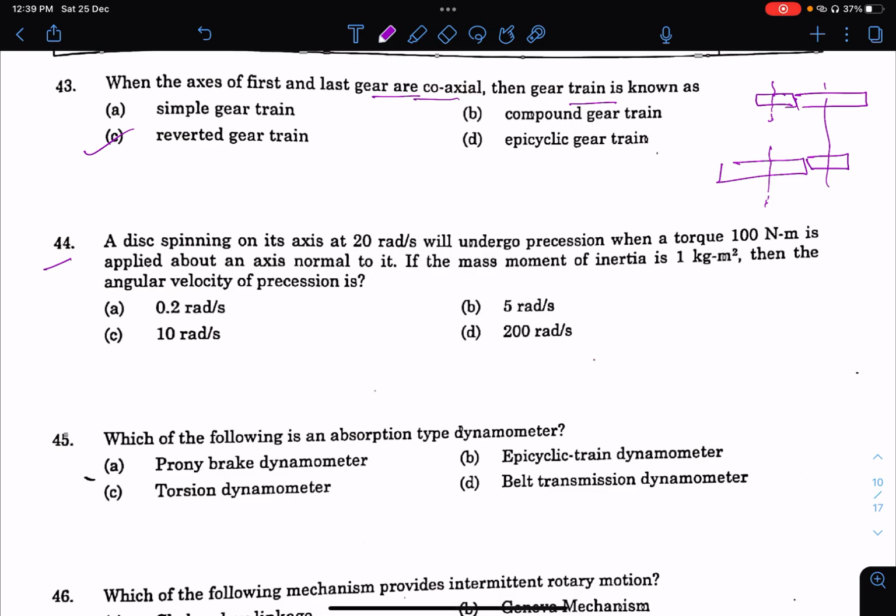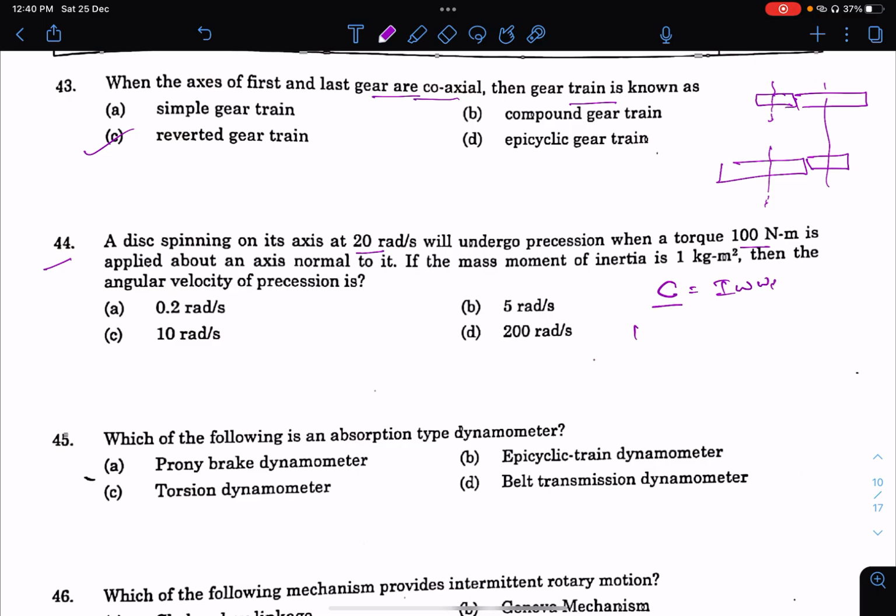Question number 44: a disc spinning on its axis at 20 radian per second will undergo precession when a torque of 100 Newton meter is applied about an axis normal to it. If the mass moment of inertia is 1 kg meter square, then the angular velocity of the precession is... So this couple we know is equal to I omega omega p.